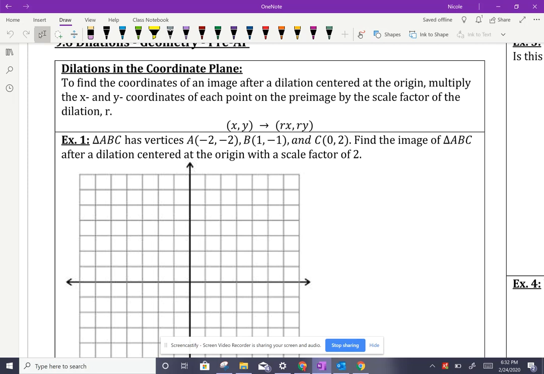So to find the coordinates of an image after dilation centered at the origin, we are going to multiply the x and y coordinates of each point on the pre-image, so the pre-image is our starting point, by the scale factor of the dilation, r. So that means we're going to be taking r and just multiplying it to x and y, to both of them. It doesn't change for x and y. You're not going to have a different r for x and a different r for y.